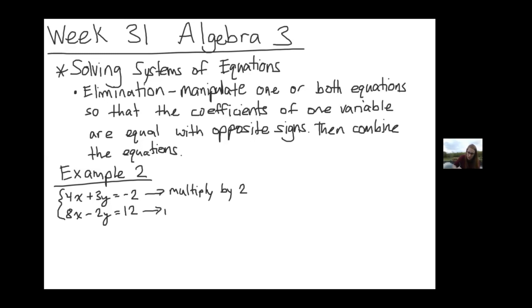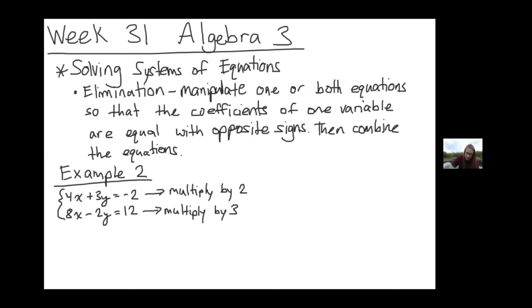And then we could multiply the second equation by 3, and that would give us negative 6y. So we'd have positive 6y and negative 6y, and then when we combine, they will cancel out.